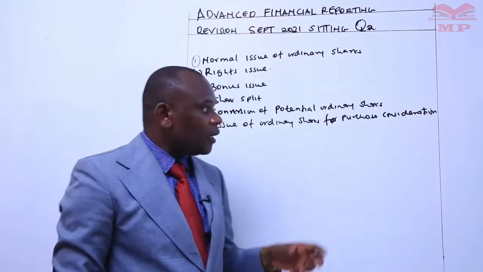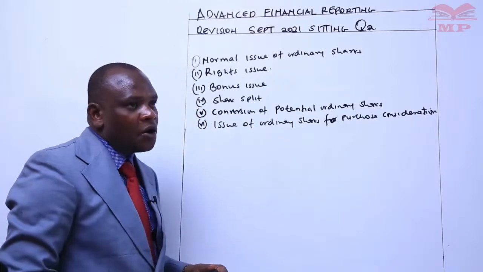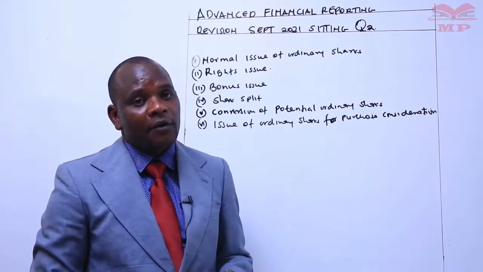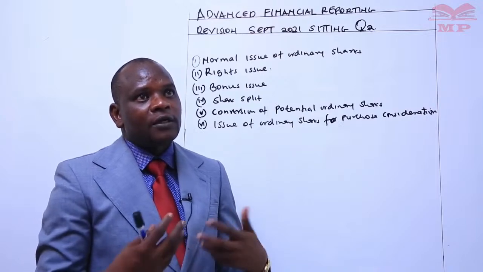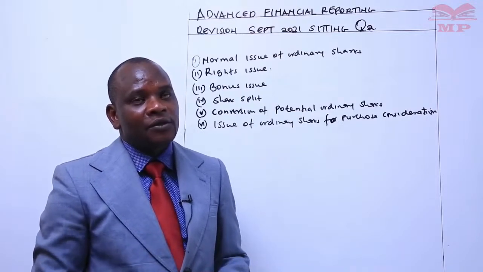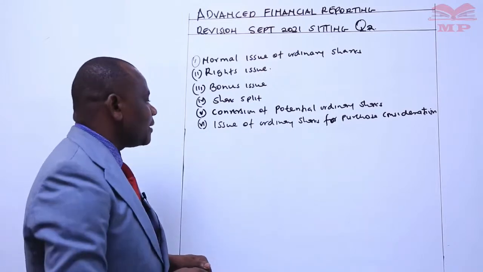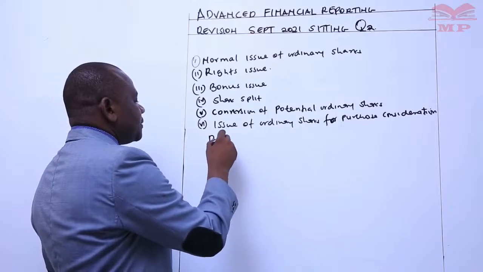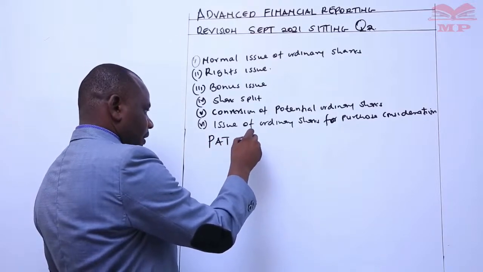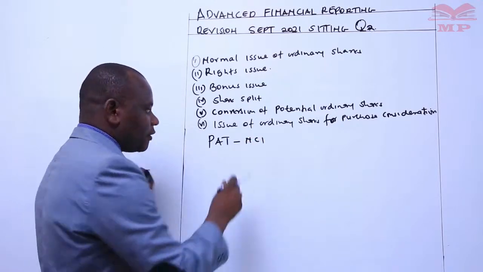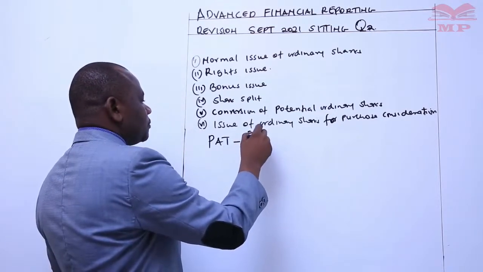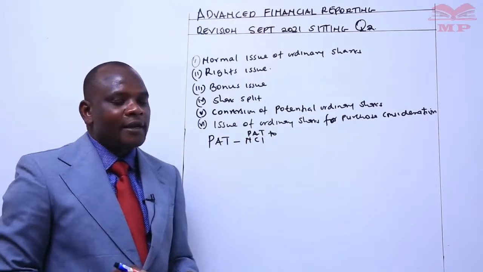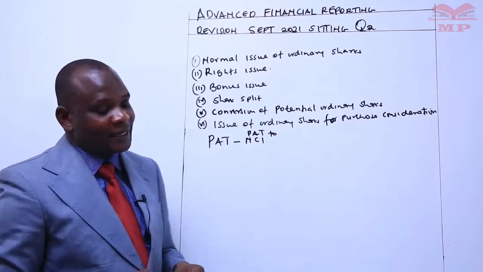And number two thing that you also need to understand is how to determine the profit or earnings attributable to ordinary shareholders. Meaning, what earnings are the shareholders entitled to? These earnings are normally determined by profit after tax minus the profit after tax attributable to NCI, because when determining EPS, we are determining the earnings per share for the parent.